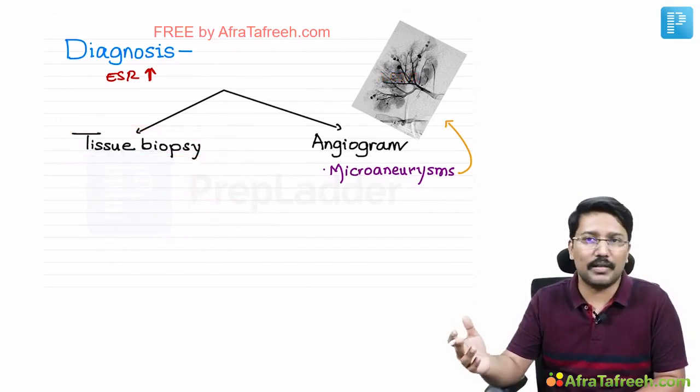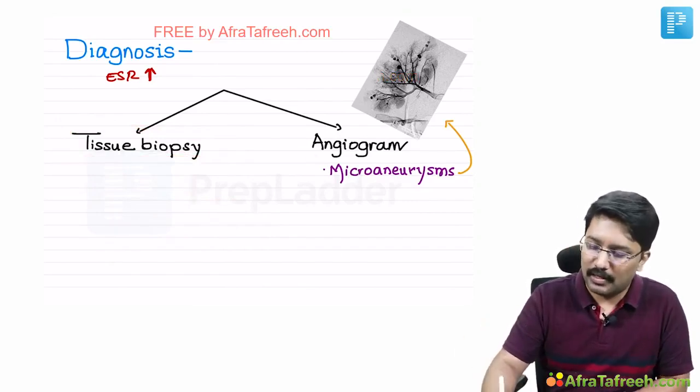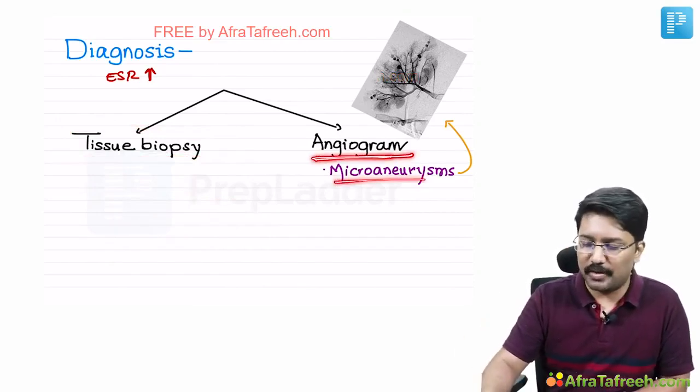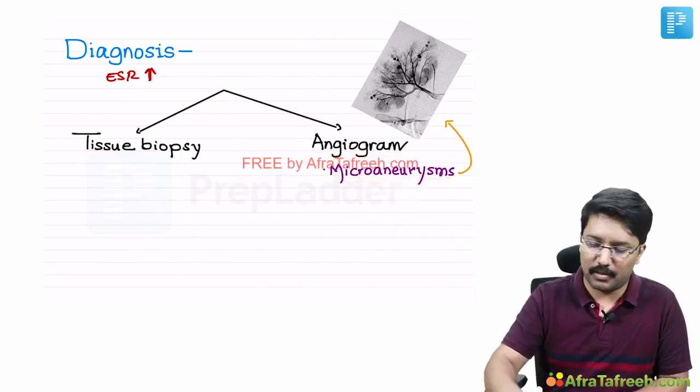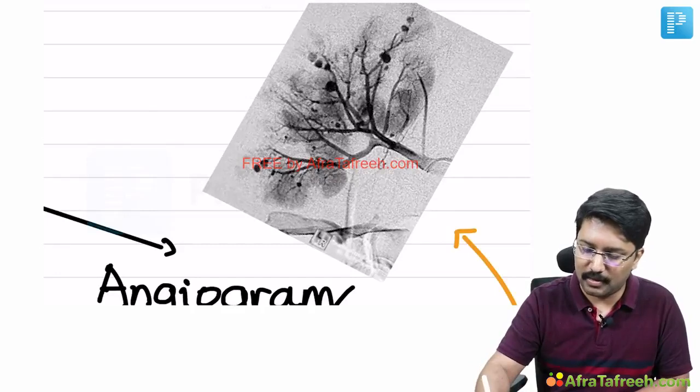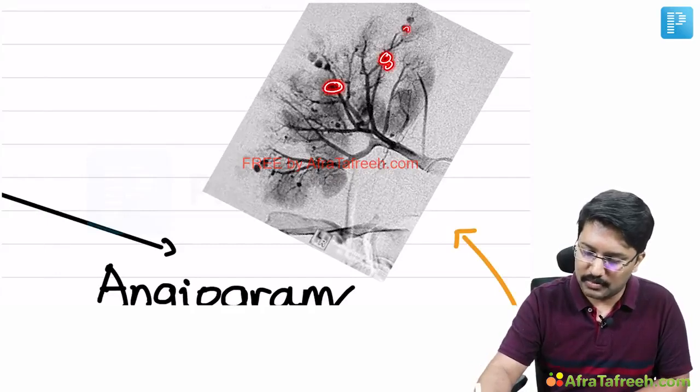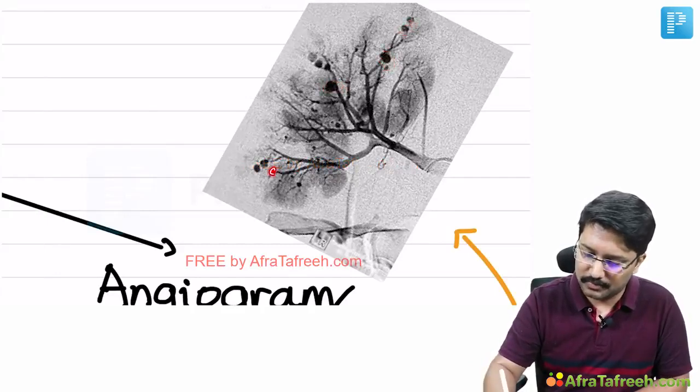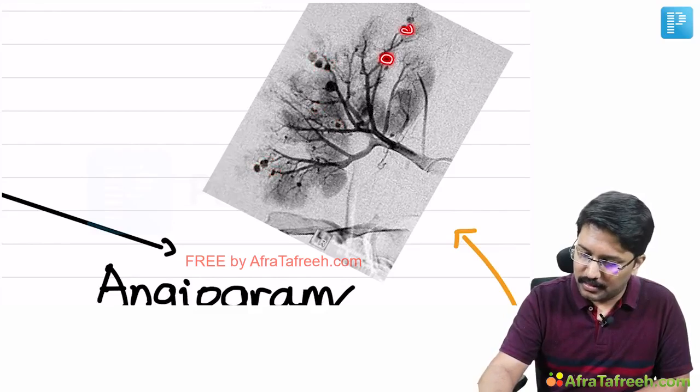As surrogate evidence, we can also depend on angiogram, mainly to document the presence of microaneurysms, like you can appreciate in this image. You can appreciate that there are multiple microaneurysms of the renal vessels. This is actually a renal arteriogram image.